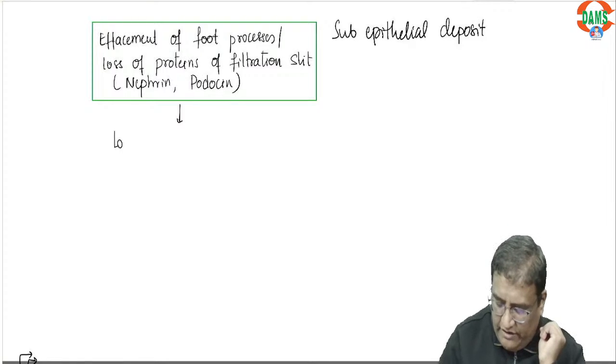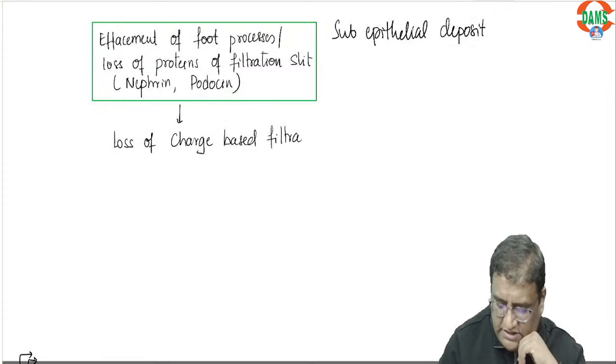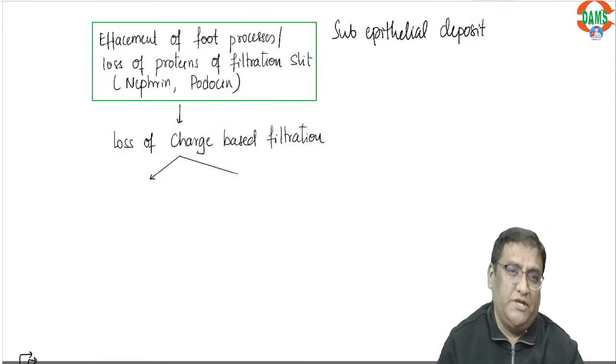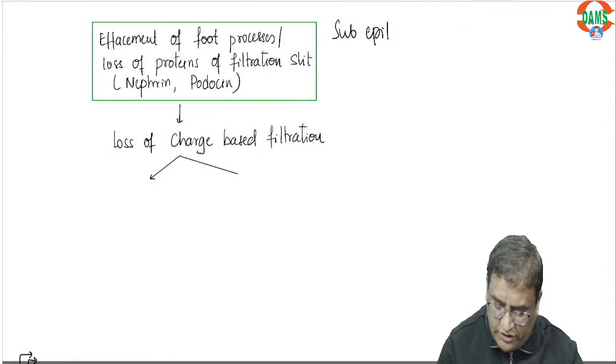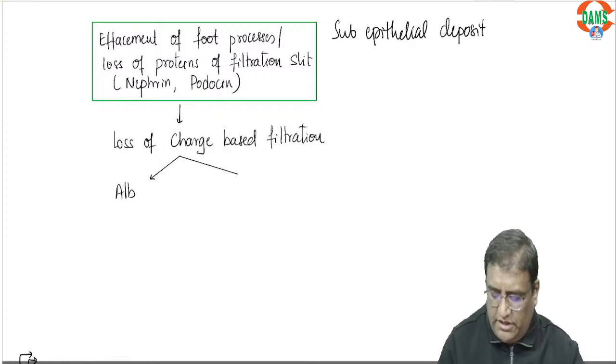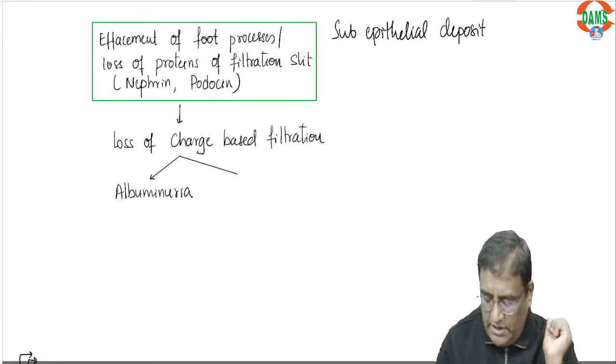Now, if there is effacement, there will be loss of charge-based filtration. Simple. Why? Because the filtration slit was important in charge-based filtration. This will lead to albuminuria, so there will be loss of albumin. There will be no loss of RBC.